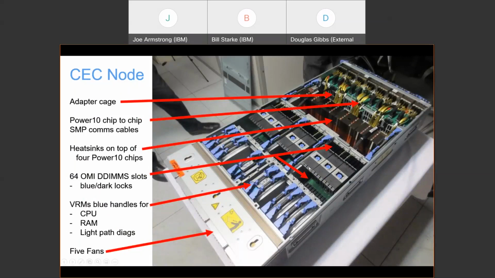Memory comes next. Here are the 64 DIMM slots in the system, and then 4 processor sockets. What you see here is the big heat sinks on top of them, and then cables connecting all those to each other, and the PCI slots in the back here.